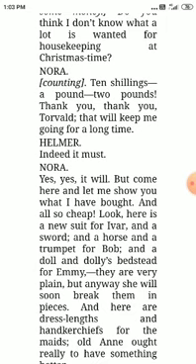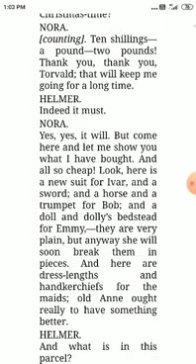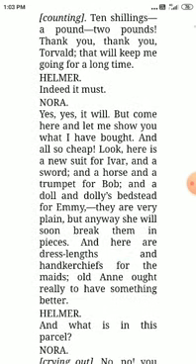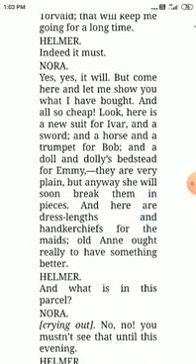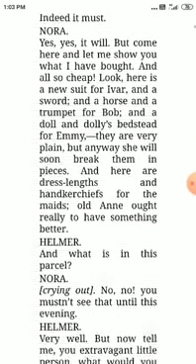And all so cheap. Look, here is a suit for Ivar, and a sword, and a horse, and a trumpet for Bob, and a doll and Dolly's bedstead for Emmy. They are all plain, but anyway, she will soon break them in pieces. And here there are dress lengths and handkerchiefs for the maids. Old Anne ought really to have something better.